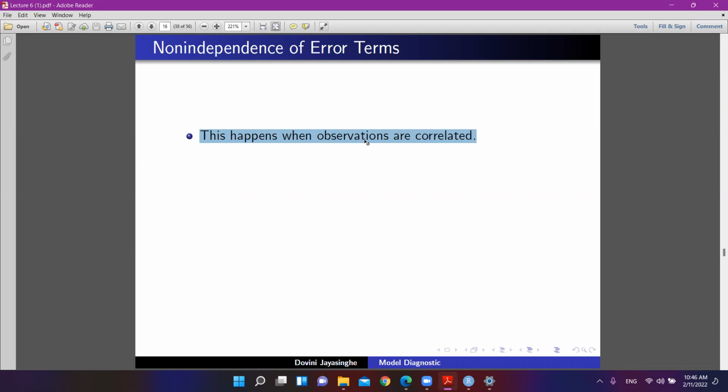So attitudes, thinking patterns, buying patterns of the customers have some impact on their routine. So they are correlated in that sense, right? One observation on the first day is correlated with the other observation on the second day, right?